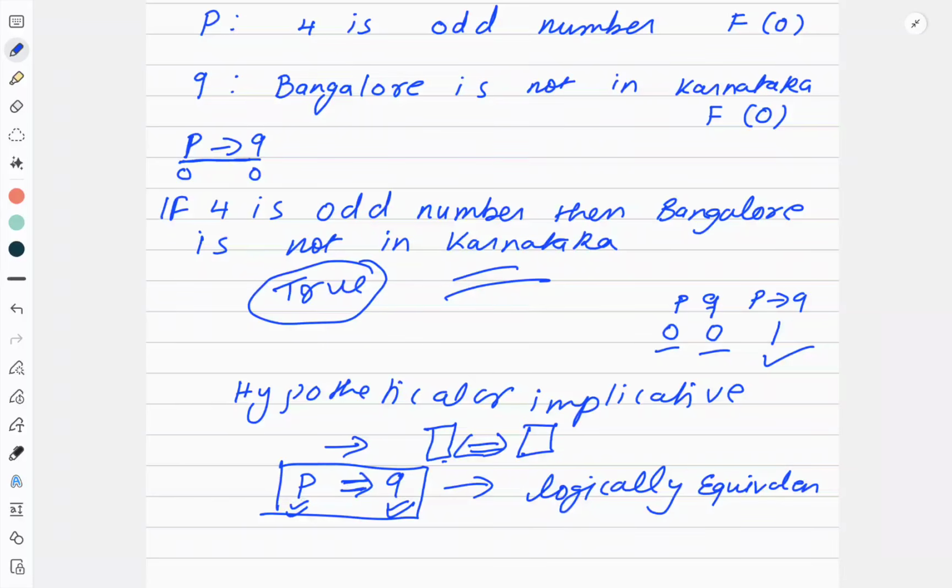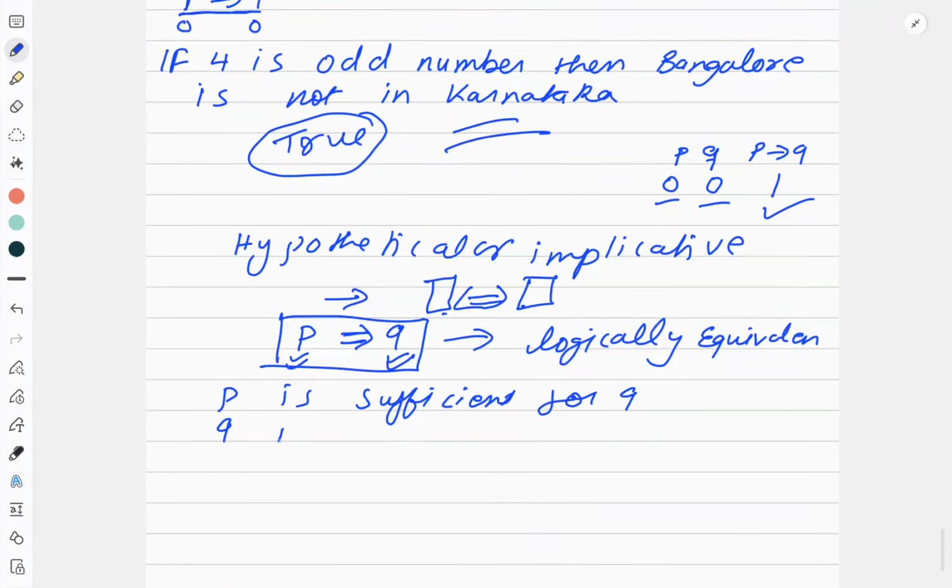So when I write like this, it means that P is sufficient for Q. Okay, so for Q to be true, it is sufficient that P is true. And Q is necessary. Q is necessary means what? Q is necessary for P means if P is true, then it is necessary that Q is required.